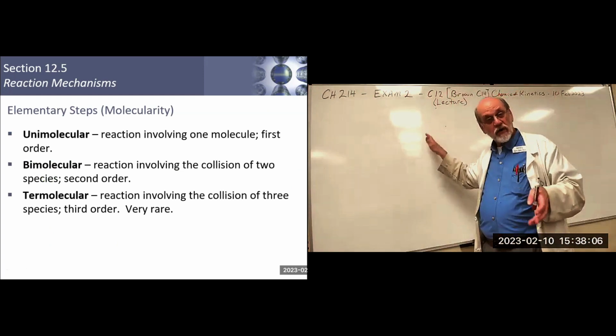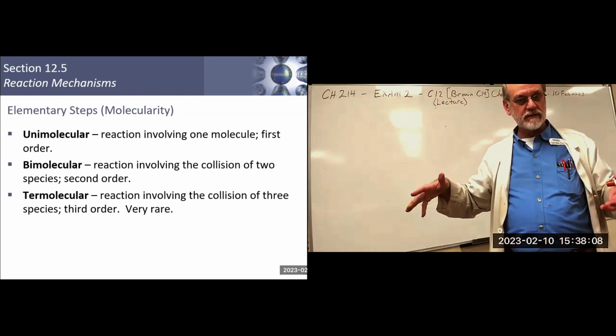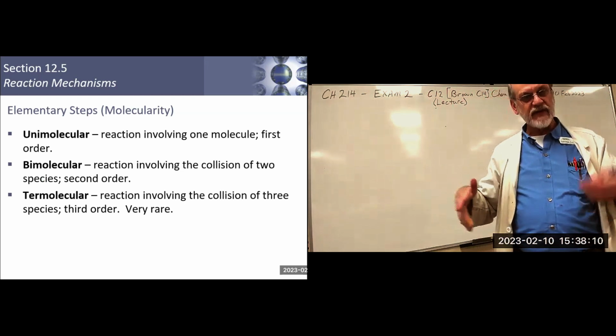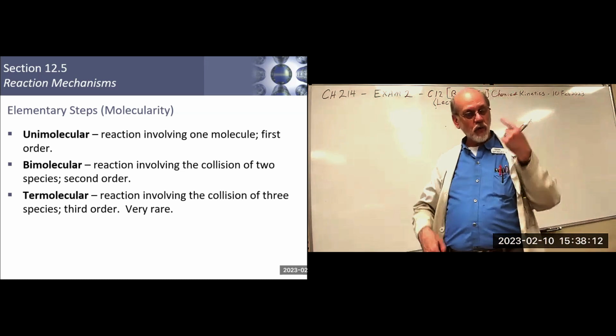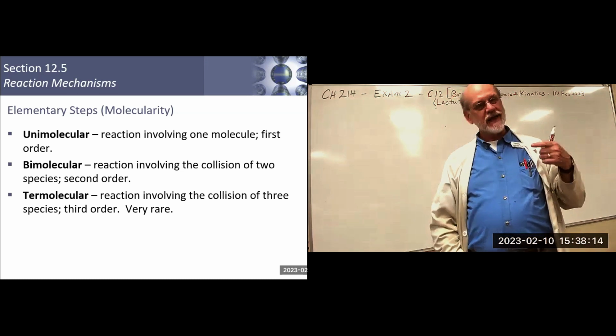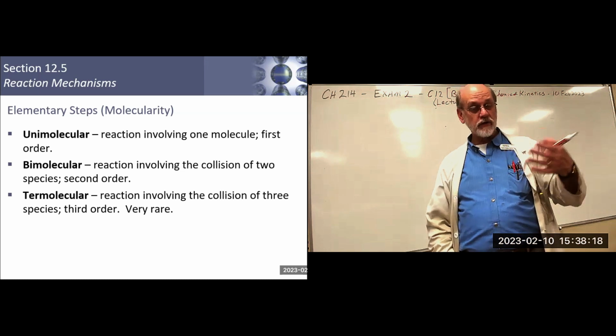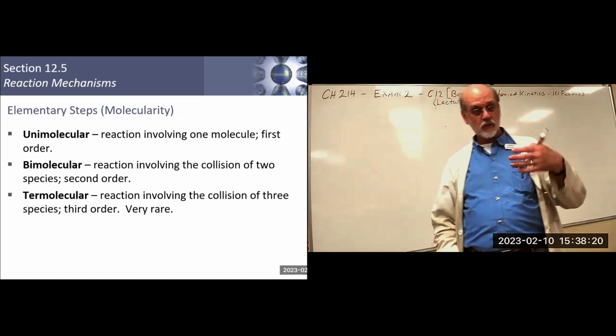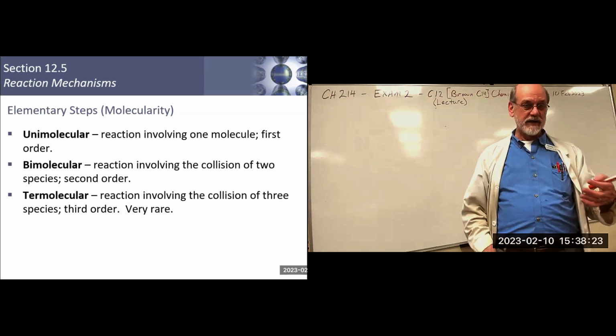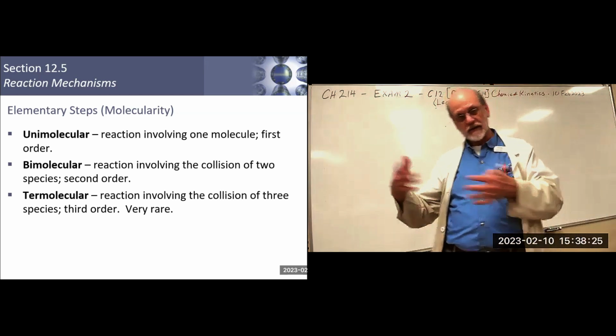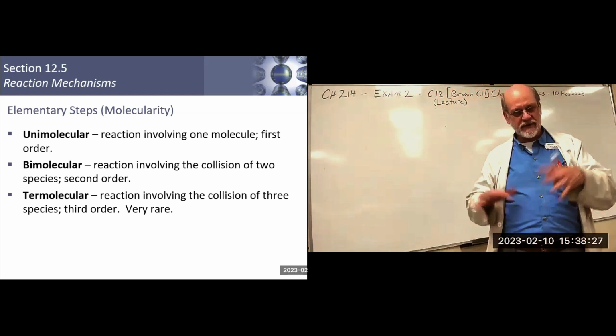We had one earlier where we decomposed a compound. That's unimolecular. There's only one reactant. Now that's assuming that the elementary step also includes just one reactant. It's possible that one also had multiple steps and interactions.